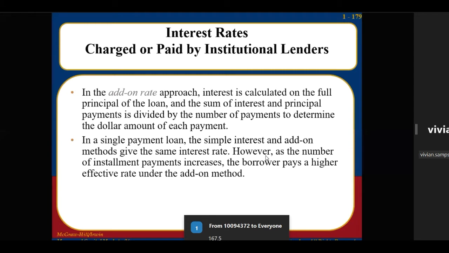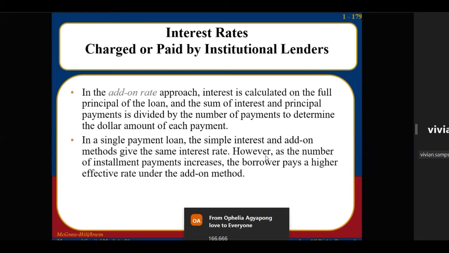Okay, so you see how much you are getting. Is everybody getting 167.5? Is it 167 or 166? It is 166.666.